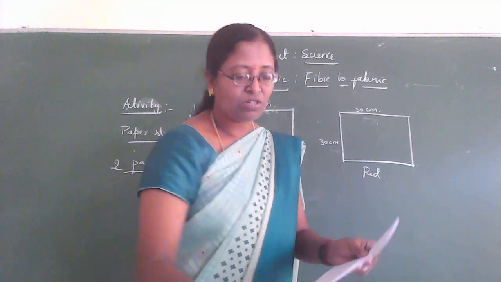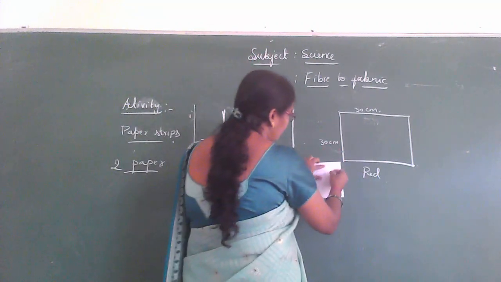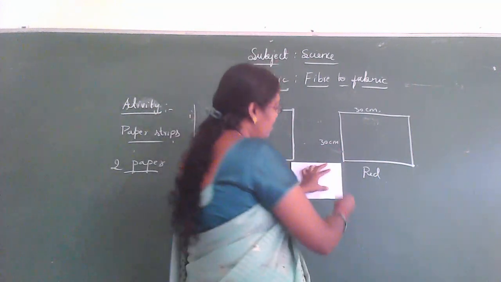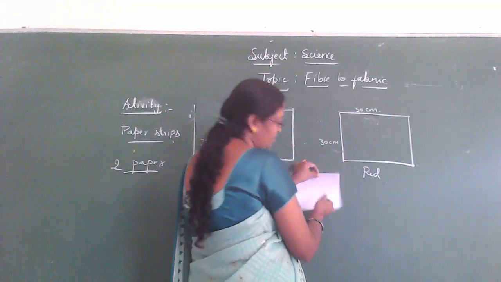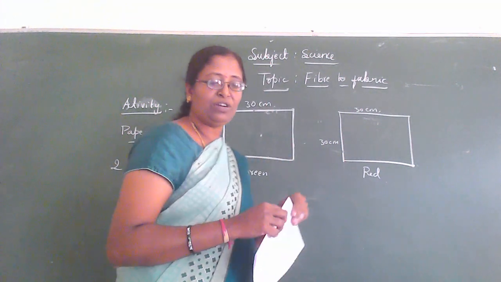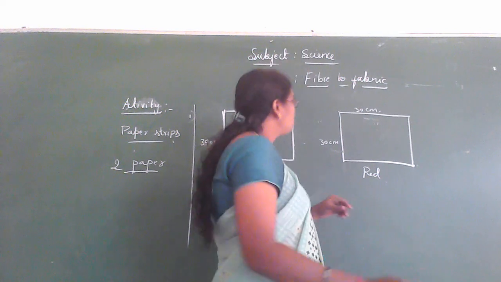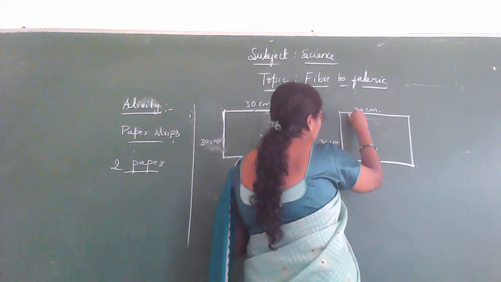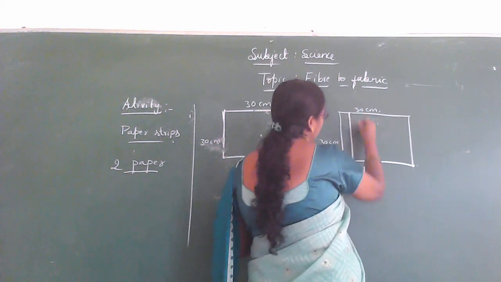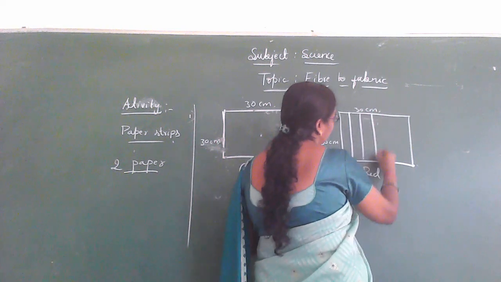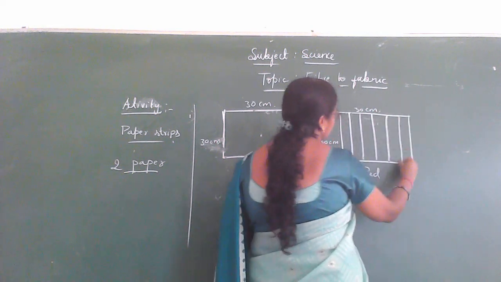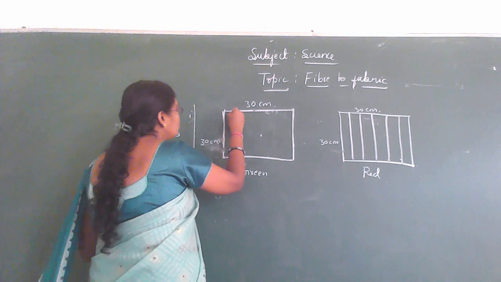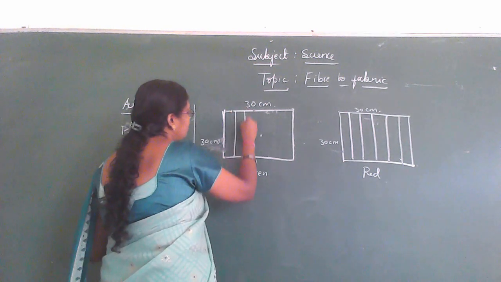We need to fold like this and then take a scale and draw the line. So here also we need to draw the line. So take a scale and draw on this sheet. Here also draw the line.